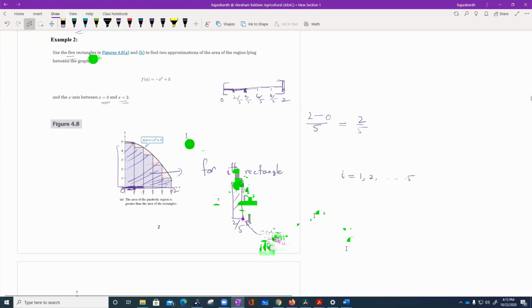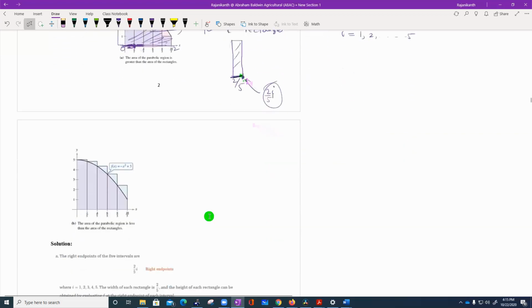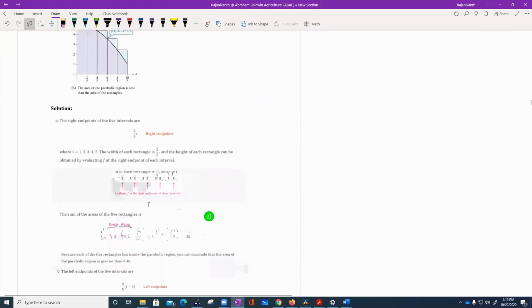So if you plug in i is 2, you will get the second rectangle's height. So this is basically the right end point of the ith rectangle. Okay. So then if you're dividing into subintervals, 1, 2, 3, 4, 5 subintervals, we keep all the right endpoints for each interval.